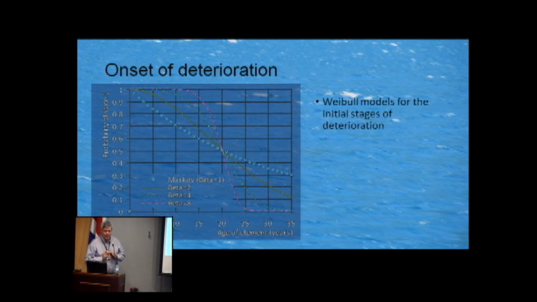But they soon will be implemented in Pontis, and then it'll be possible for any of the states or any Pontis users to make use of this type of model. So now it's really a hybrid of Weibull and Markov models that Florida is using that seem to work pretty well, giving them accurate predictions that agree with their historical inspection data.